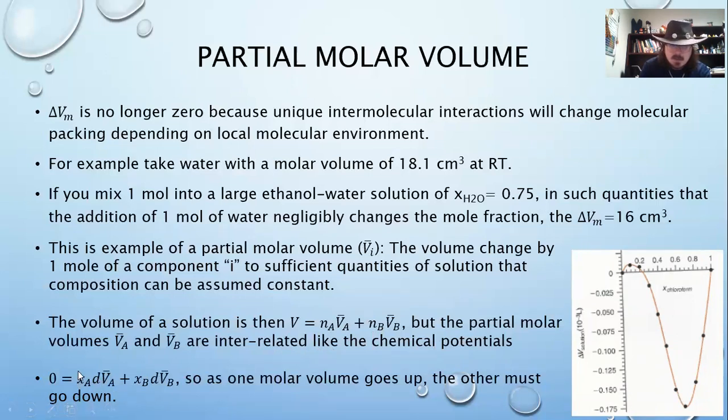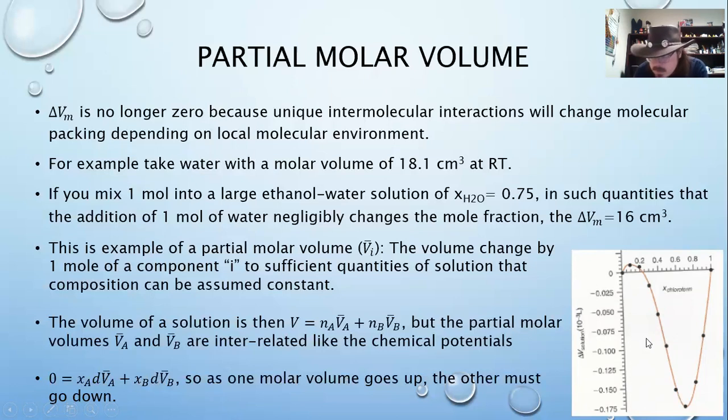If we divide both sides by the total moles, we get the mole fraction of A and mole fraction of B, and look at how these change. As one molar volume goes up, the other must go down.